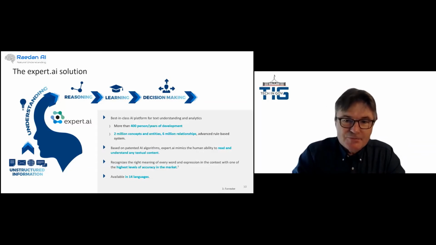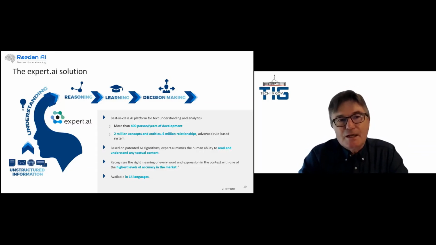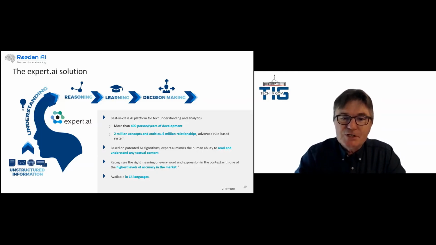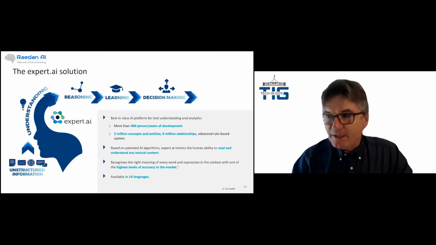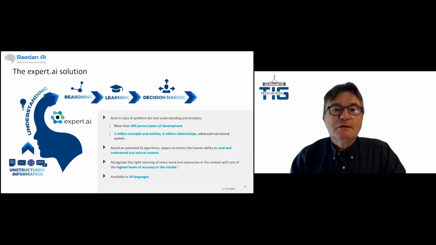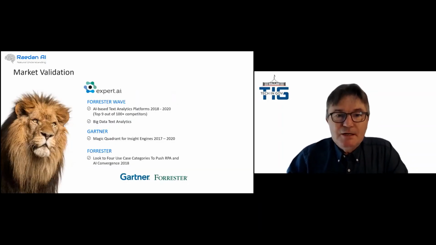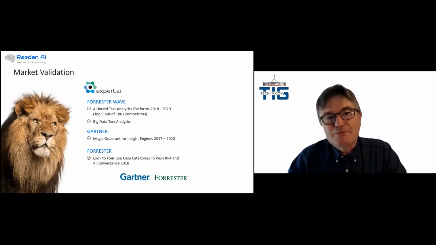And the other part of what they've done, they have very deep disambiguation text algorithms to actually nail down the meaning of each word and get it right in the context. And it's available in 14 languages at the moment. So expert.ai is validated by Forrester and Gartner.